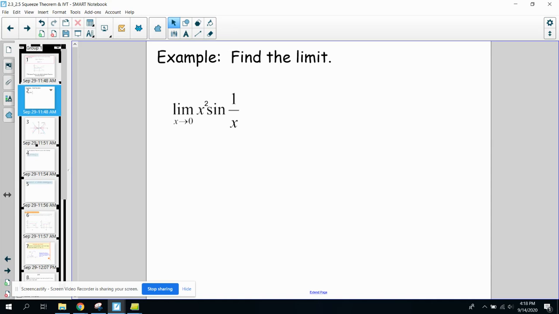So we use the theorem when we come to some tricky things like this one. So when I look at this example, I have the limit as x approaches 0 of x squared sine of 1 over x.